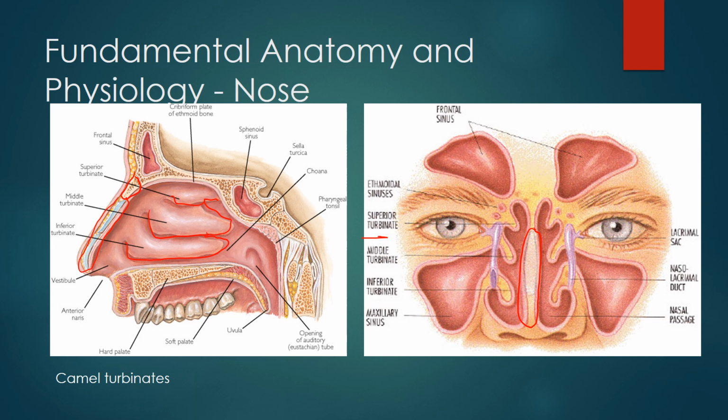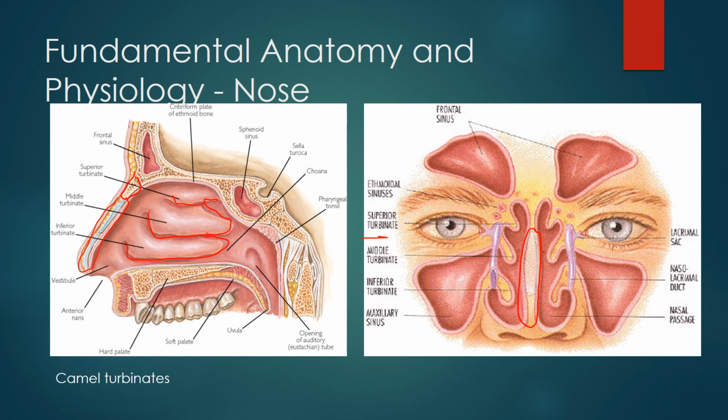And these turbinates provide an increase in surface area. They're bony projections from the lateral surfaces of the nasal cavity, and they project inward toward this midline septum.